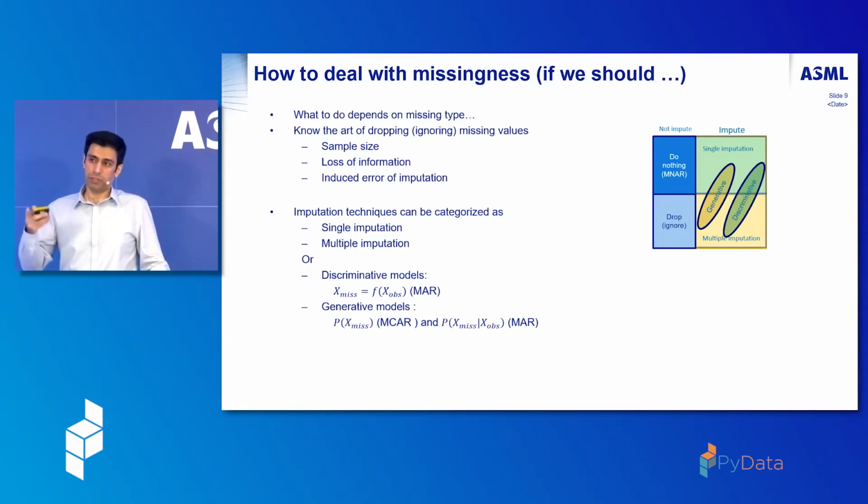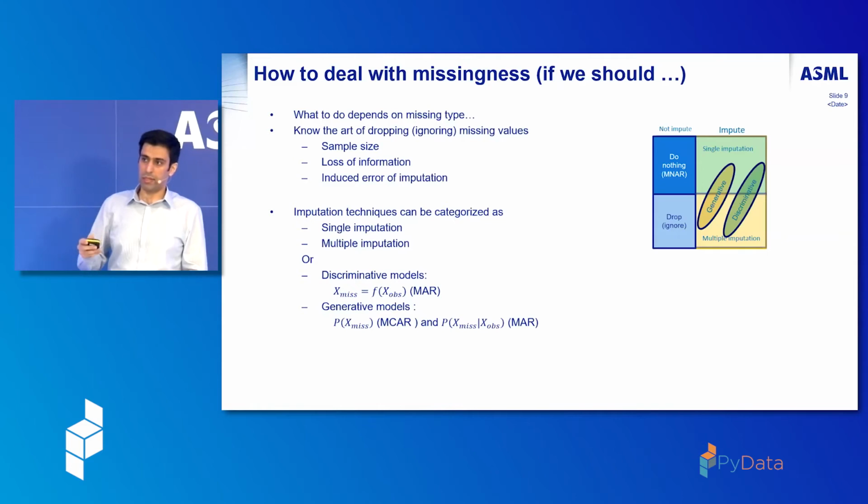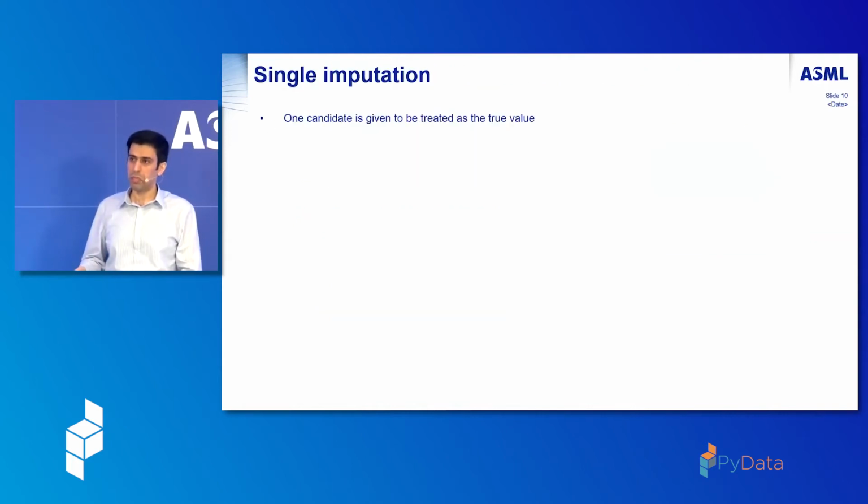But for generative models, what you want to do is to estimate the distribution of the variable which has missing values. If it's completely at random, then only the normal distribution. But if it's missing at random and there is a dependency between the observed variables, you may estimate the conditional distribution.